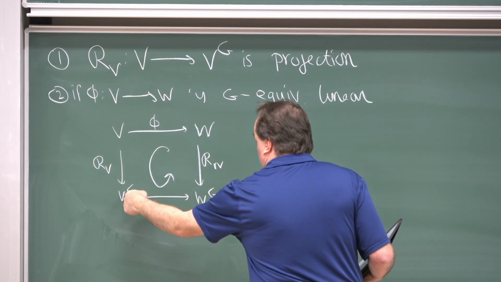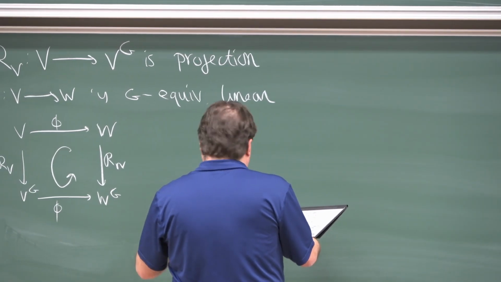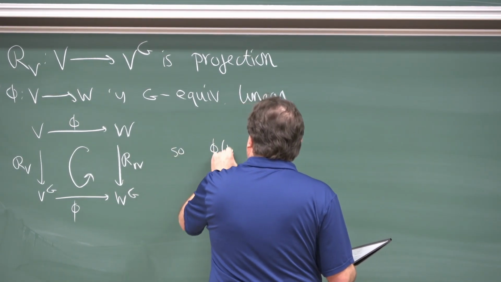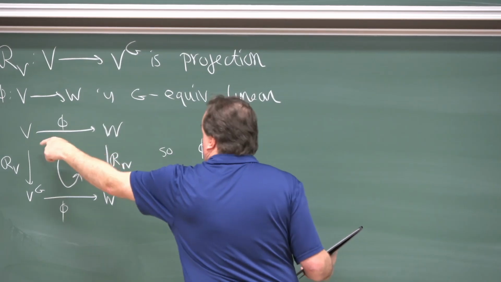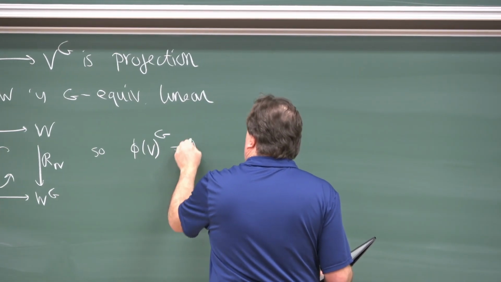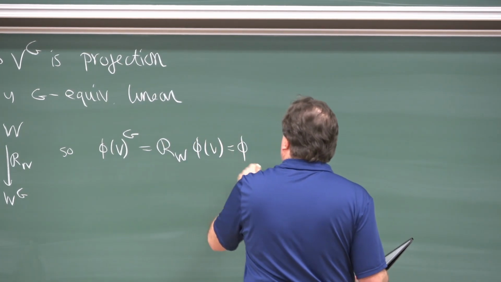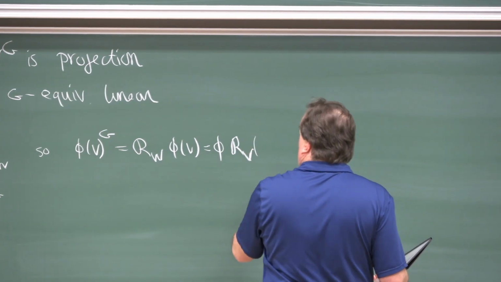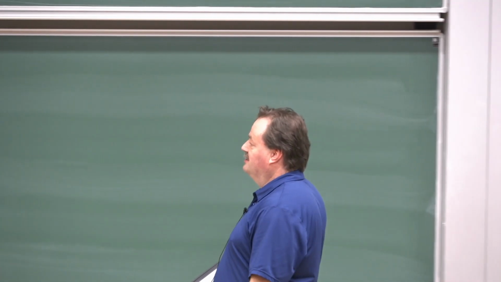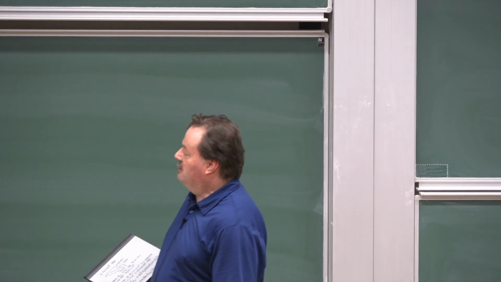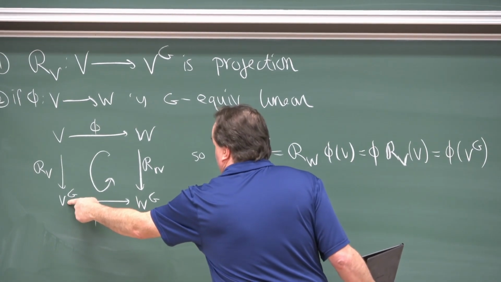In particular, phi sends invariants to invariants. If you look at the invariants that lie in the image of phi, this is R_W of phi of v, and because it commutes, this is phi of R_V v, which is just phi of the space of invariants. In particular, if phi is surjective, then W^G is the image of V^G.